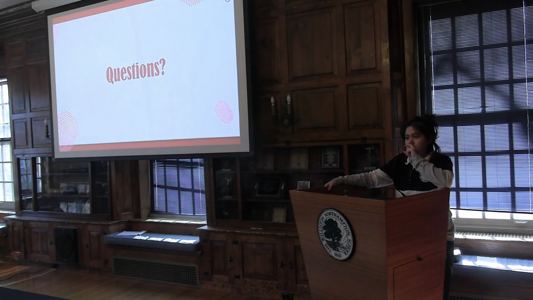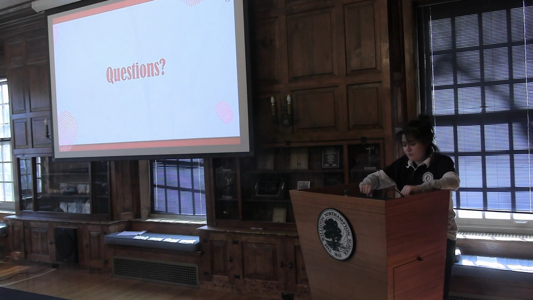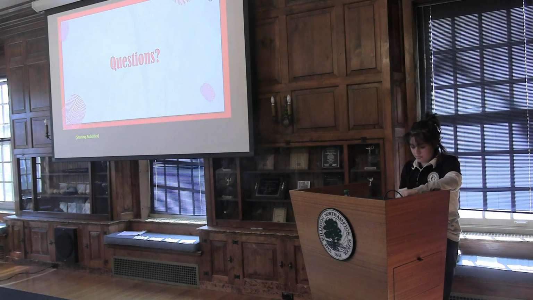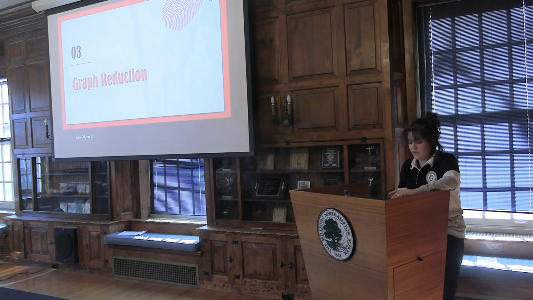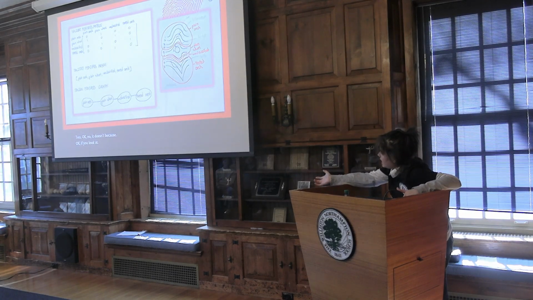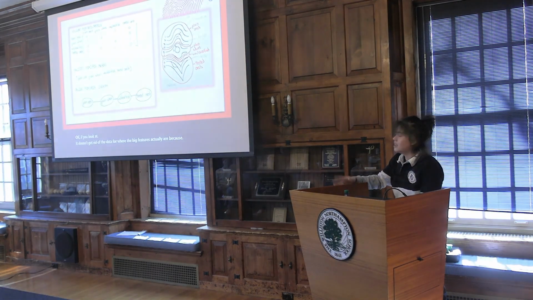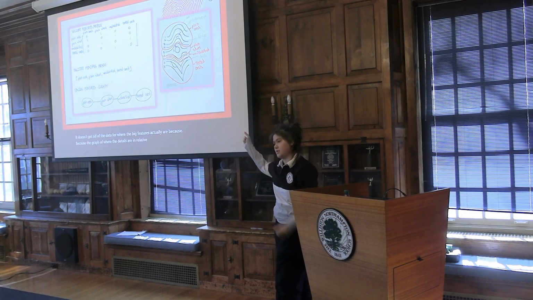I heard you reduce the graph into just the minutiae or the small details, and then how well they connect. Does that get rid of the data about what the big shapes are on the ridges? Well, no, it doesn't. It doesn't get rid of the data for where the big features actually are, because the graph of where the details are is in relative position to where the big features actually are.